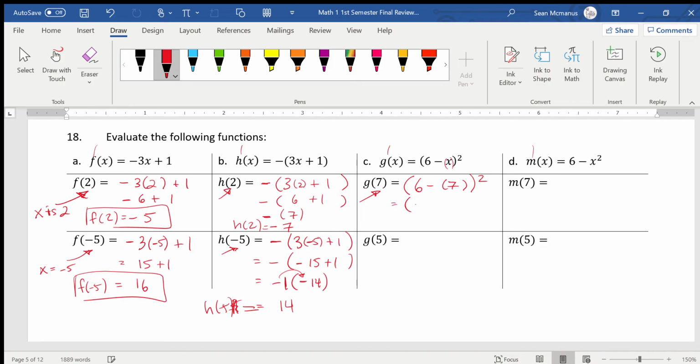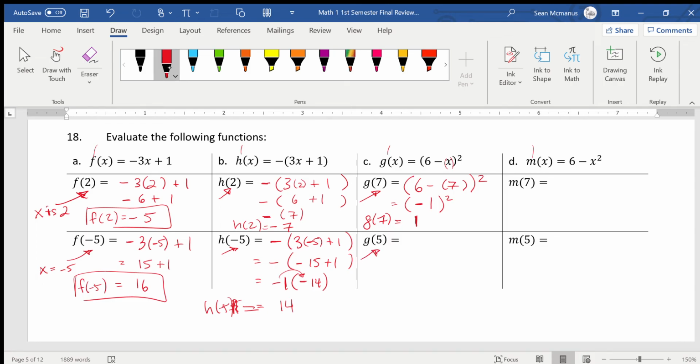So 6 minus 7 is negative 1 squared, right? So remember PEMDAS, I got to substitute in, or replace the x with what it is. Then I got to do parentheses. So that's what I did here first. Now I got to do exponents. So negative 1 squared. Negative 1 times negative 1 is positive 1. So G of 7 equals 1.